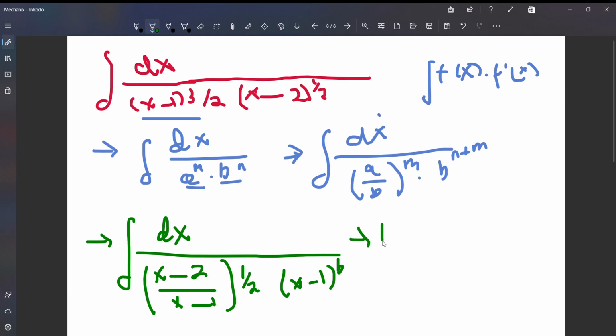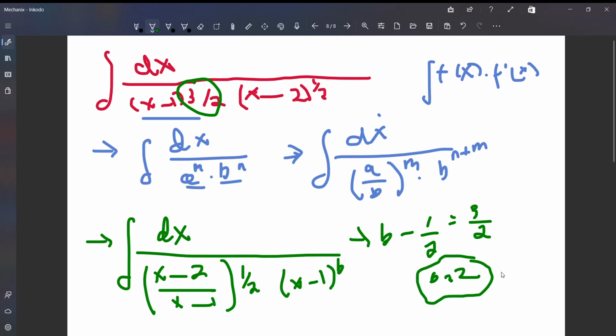So once done, I'm going to get b minus half equal to our term here. What's it desired to be? 3 by 2. So that's going to be equal to 3 by 2, and b turns out to be 2. Fine. So let's stick with it and continue the problem.